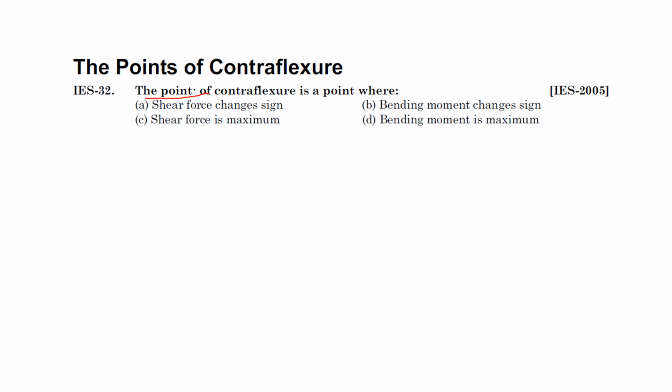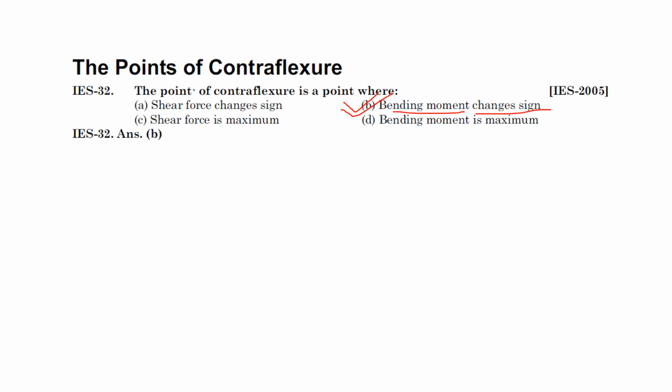Next question. The point of contraflexure is a point where: shear force changes sign, bending moment changes sign, shear force is maximum, or bending moment is maximum. So this is actually B. The point of contraflexure is the point where the bending moment changes its sign.